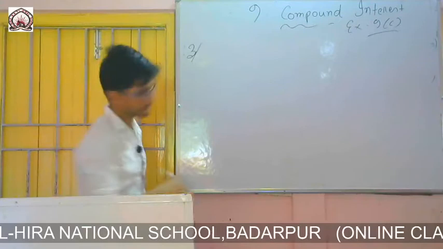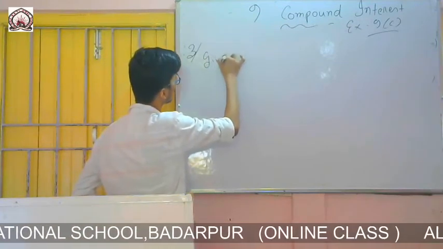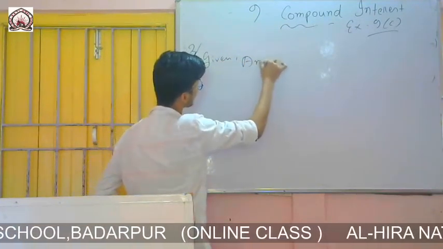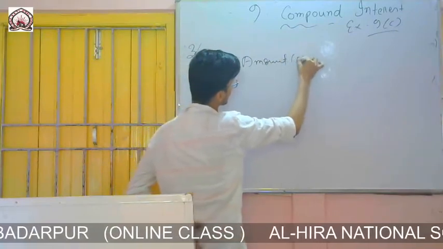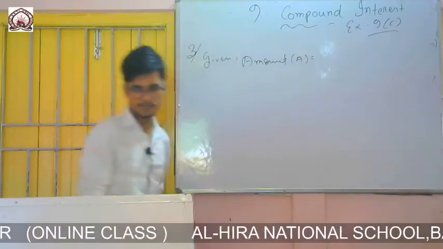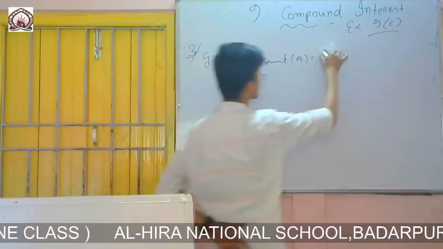So you are given amount A equals rupees 1331.